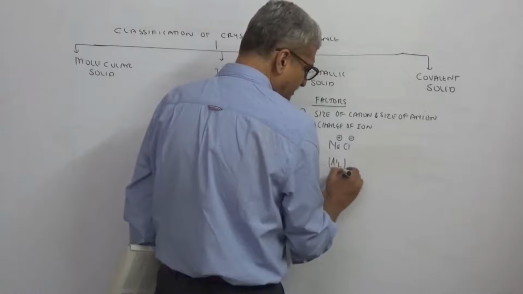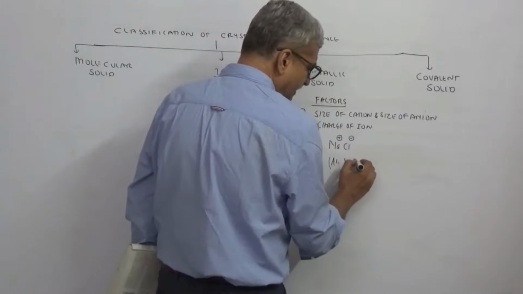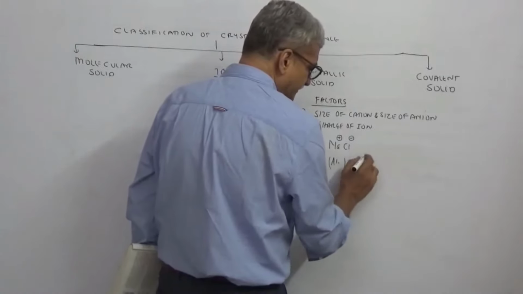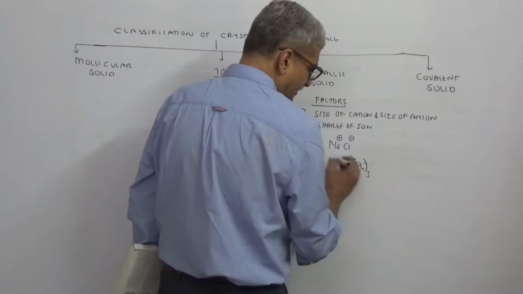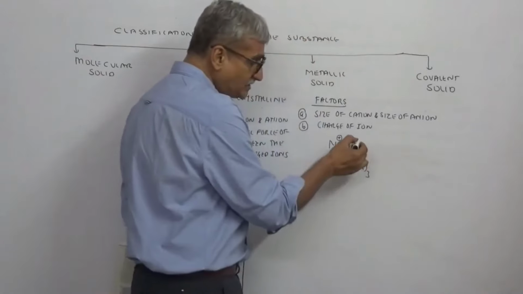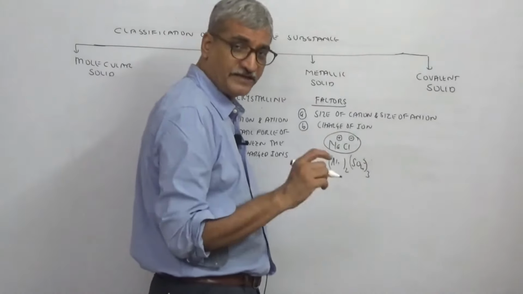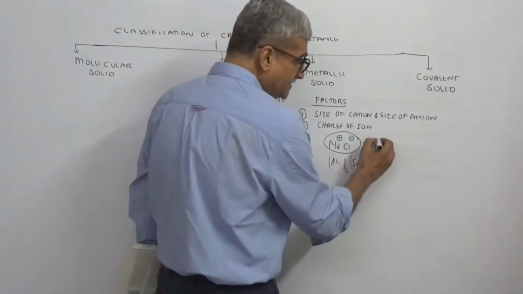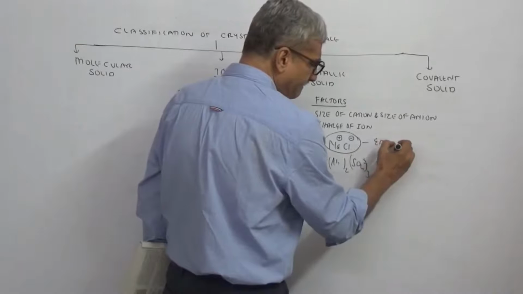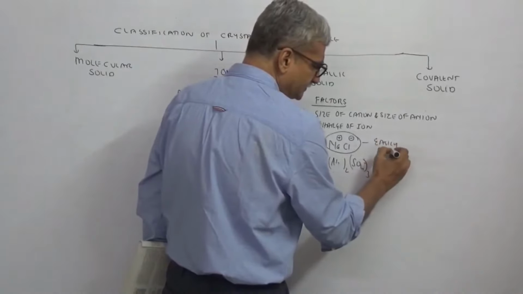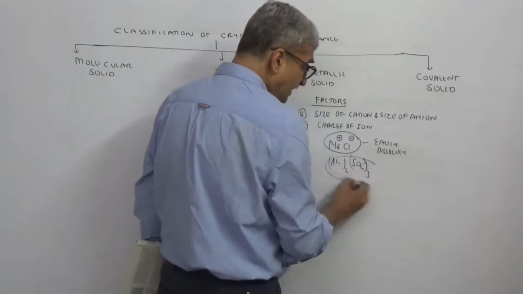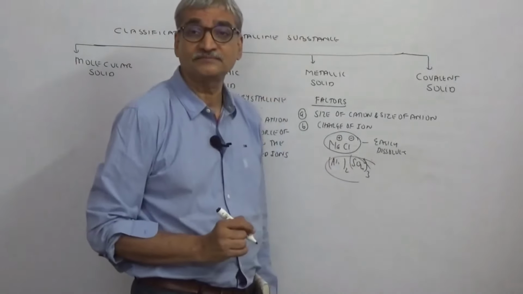Look at aluminium sulfate, Al2(SO4)3. Because the charge is less in NaCl, the bond is not that strong as compared to this. NaCl easily dissolves in water, whereas aluminium sulfate does not easily dissolve in water.